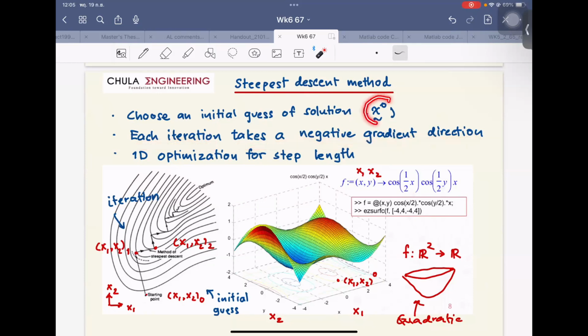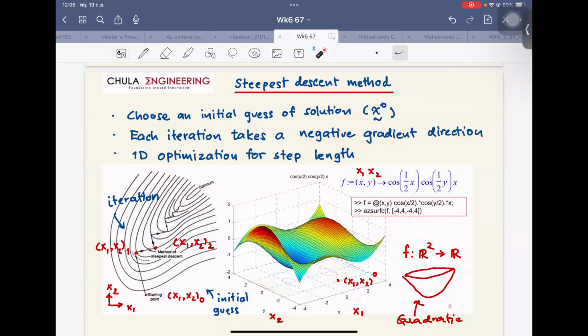Now you have the initial point. This is the case of two components, two unknowns. You start with this point, evaluate the gradient at this point, and use that direction to move to the next solution. Take the negative gradient. What is the negative gradient direction?